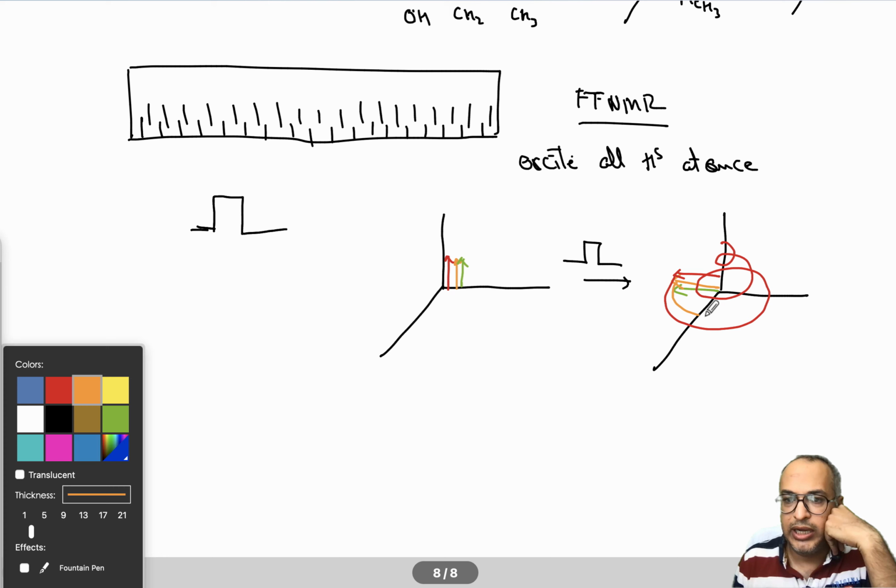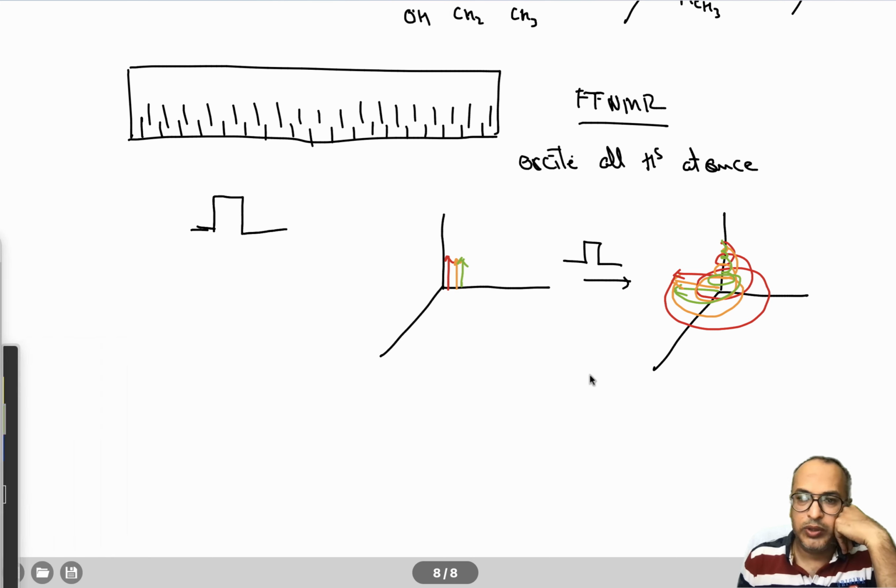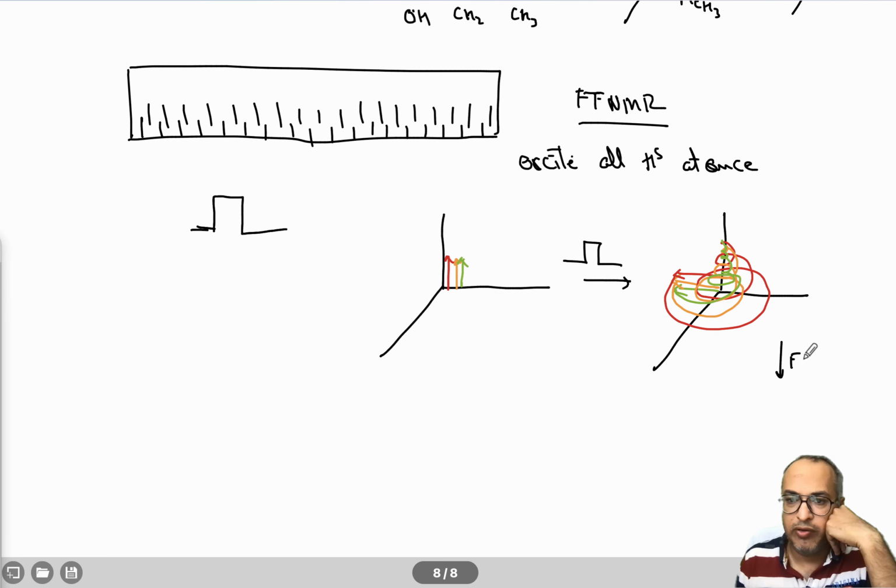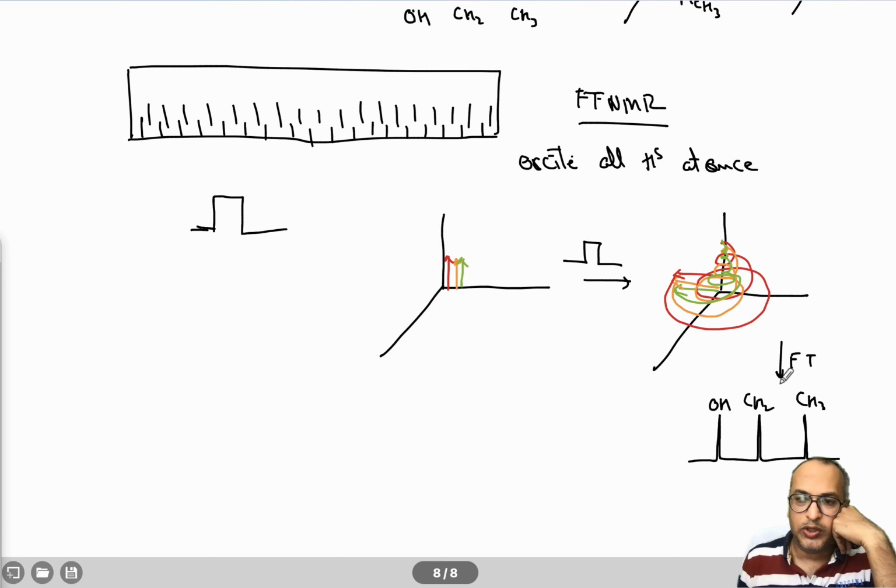Similarly, this will relax at its own frequency, and OH will relax at its own frequency, right? And then what you do is you carry out FT, Fourier transform, to get the signal corresponding to OH, corresponding to CH3, corresponding to CH2, right? So OH, CH2, CH3. So the wait time or the relaxation time is only once between different signals.